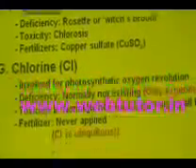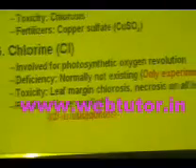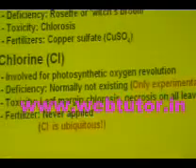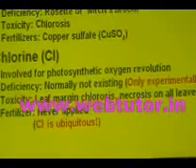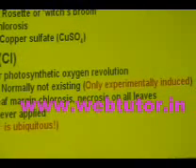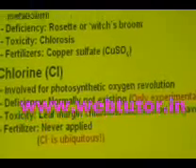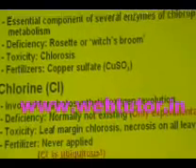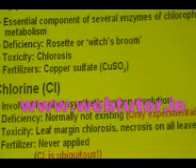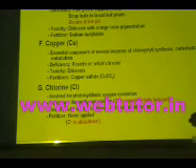Chlorine is involved in photosynthetic oxygen evolution; it helps in giving off oxygen. We have never seen chlorine deficiency. Toxicity shows leaf margin chlorosis and necrosis on all leaves.